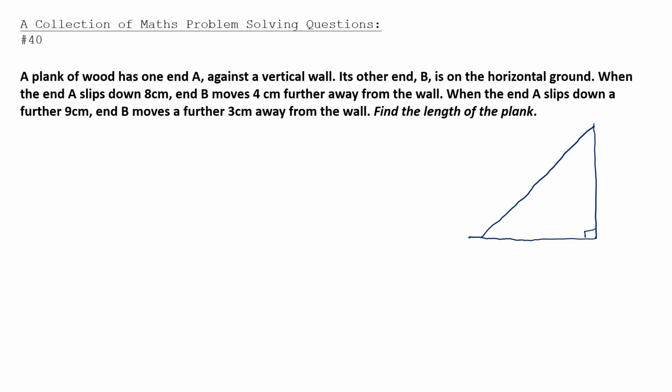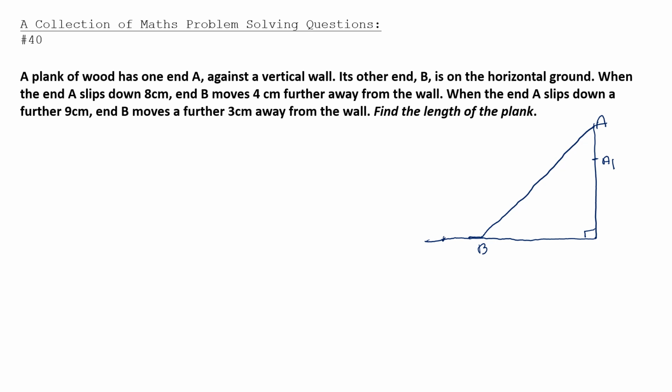This is A and this is B. Now when the end A slips down, maybe to here, and I call it A1, the other end of the plank moves away from B.